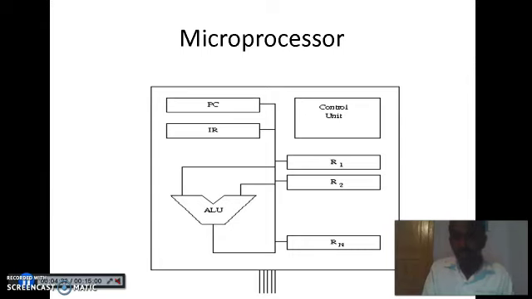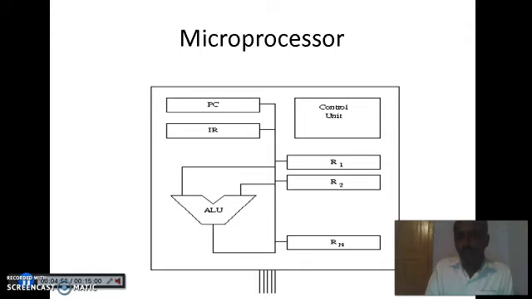So it is the program counter. Then another one, the control unit. The control unit generates the control signals for internal and external operations of the microprocessor. So this diagram shows the basic functional blocks of a microprocessor.